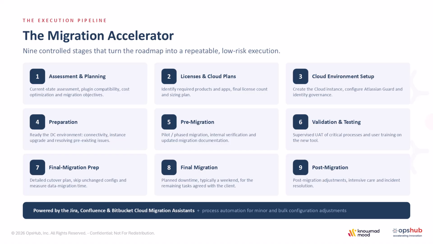Then we work with the codification of the pre-migration. Then we go to validation. Final migration preparation, final migration. You may see that this looks like many steps just for the same thing, but those steps are needed because you want to avoid errors and rollbacks and coming back and having to do it again.